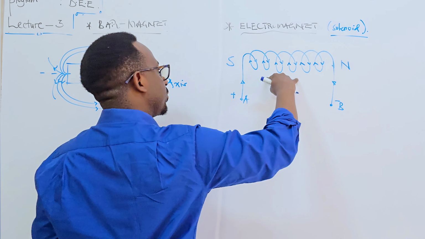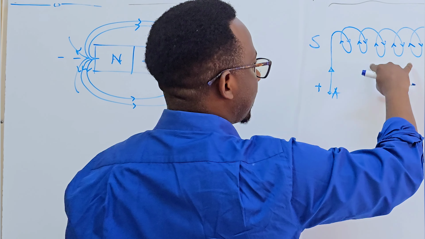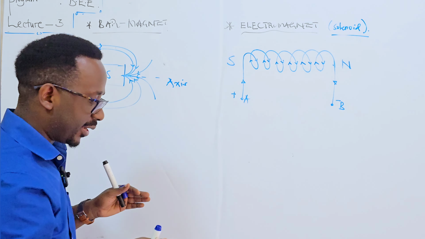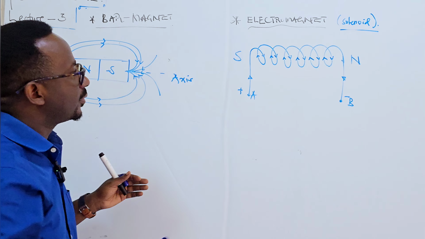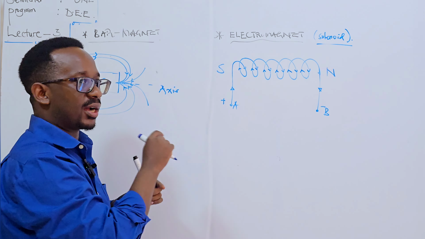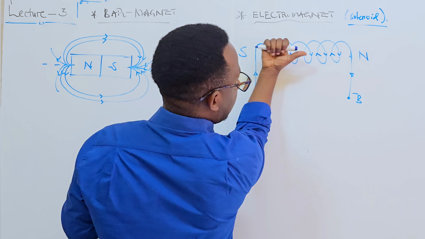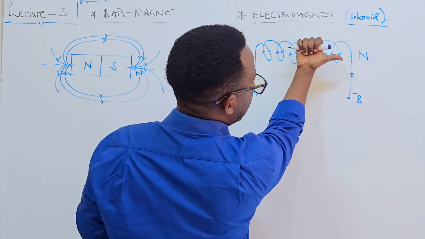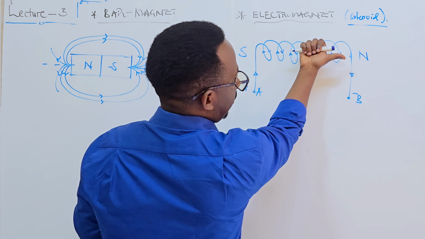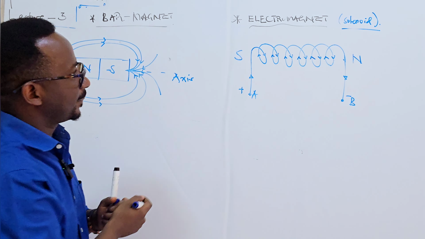So we've found a way to create a magnet out of electricity and a coil of wire. How do we determine its north and south pole? By tracing out the direction of the flow of current and the way the coils are wound. The way I've drawn mine, where the thumb points, with the fingers in the direction of the current around the coils, the direction of the thumb denotes the polarity of the solenoid.